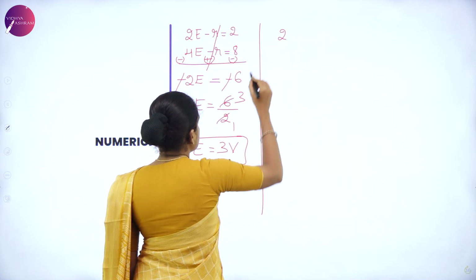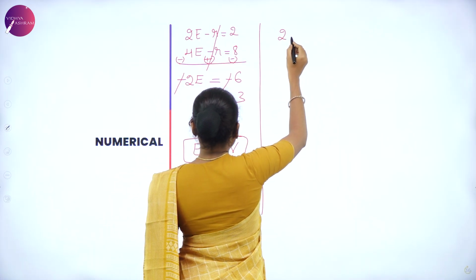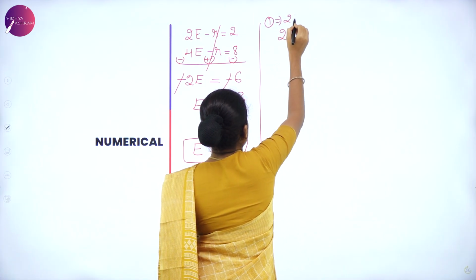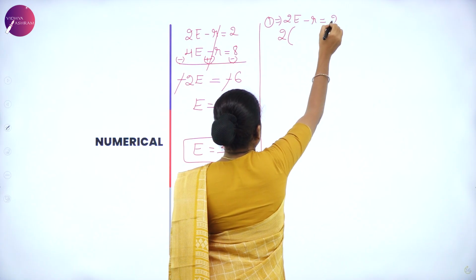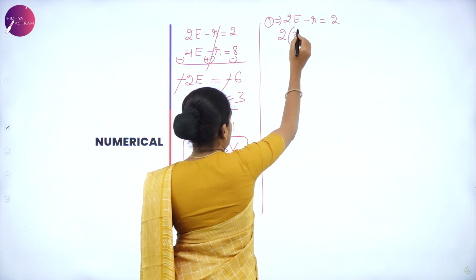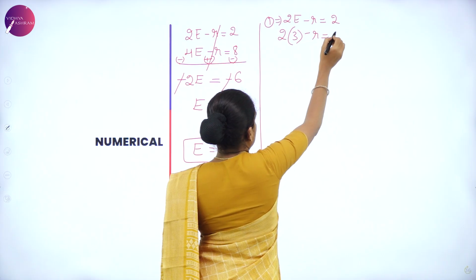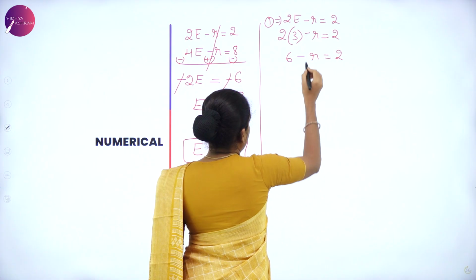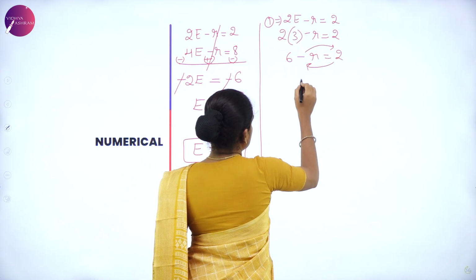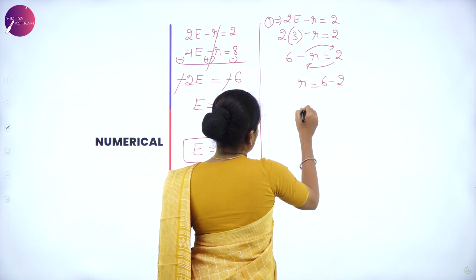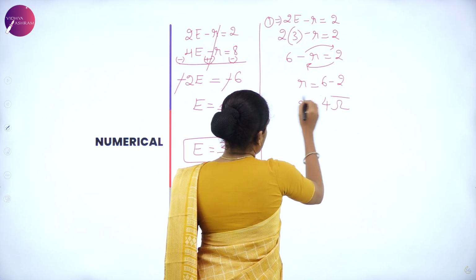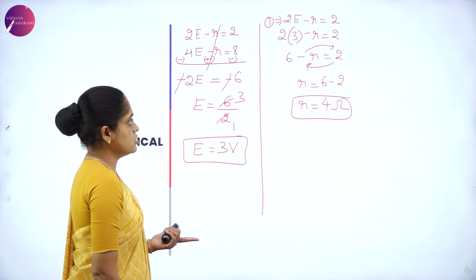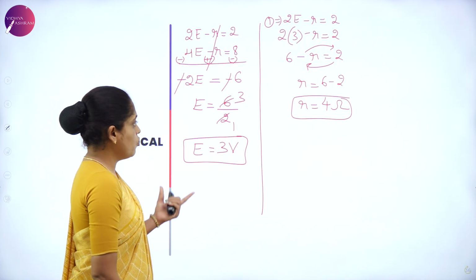Equation 1 is 2E minus R is equal to 2, where E value is 3. 3 twos are 6 minus R is equal to 2, and R is equal to 6 minus 2, which is equal to 4 ohm. So the EMF and internal resistance of each cell is 3 volt and 4 ohm.